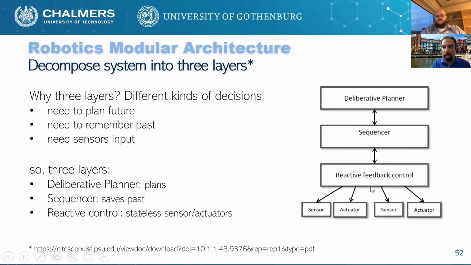And here we have the reactive layer that does 2 things, the sensing world and then the action world. It does 2 of them, and it interfaces with the sequencer and the deliberator. So you need 3 things. You need to plan, you need to know the past or the current situation. So you need a sequencer, and this is stateless, it's just sensing and acting based on the planning, the deliberative layer where it has the intelligence.